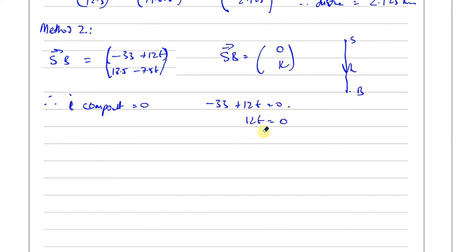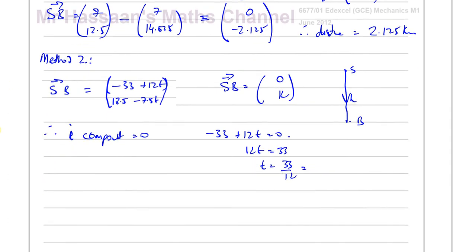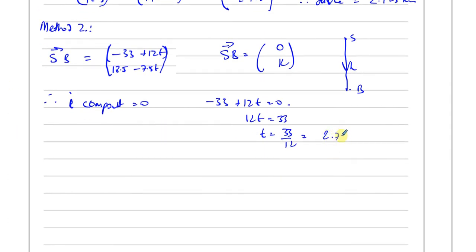12t equals 33, sorry. 12t equals 33, so t is equal to 33 divided by 12. As we found earlier, exactly the same working here, 2.75 hours. Then to find the magnitude of S to B, we first have to find what S to B is at that time.